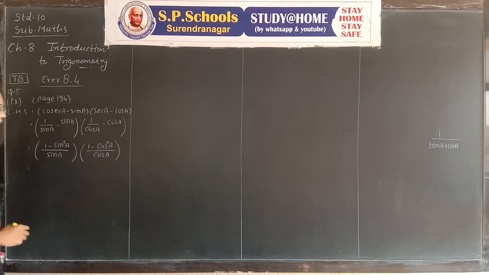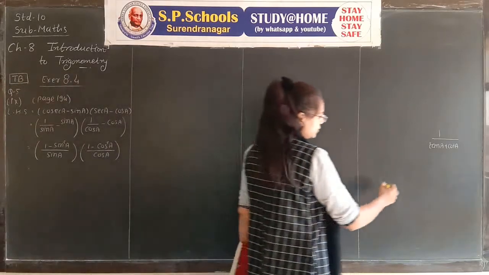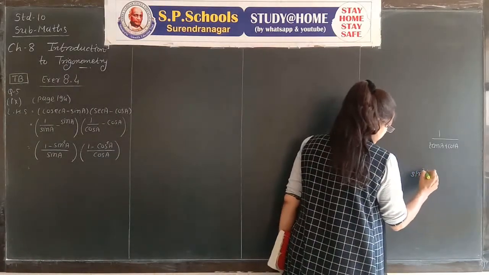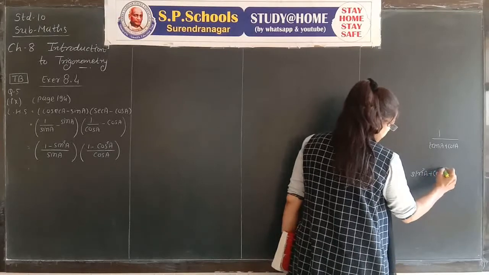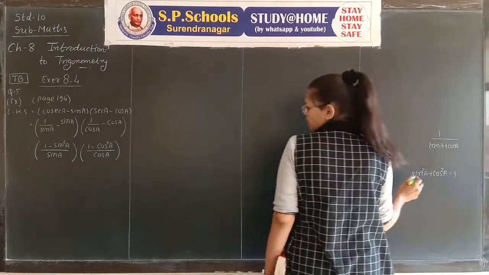Now, as we know the identity, sin square A plus cos square A is equal to 1.